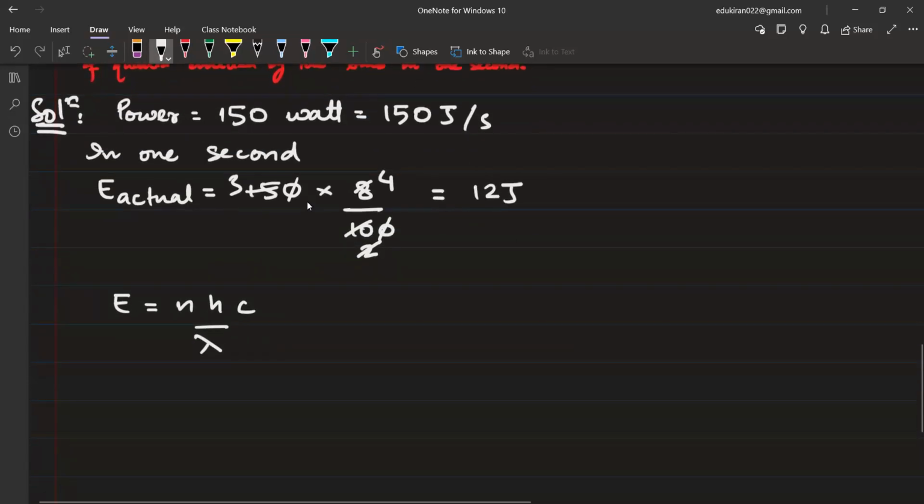We need to calculate the n. So I'm going to keep the n on one side, and I will get E into lambda divided by h into c. The energy that we have is 12 joules.